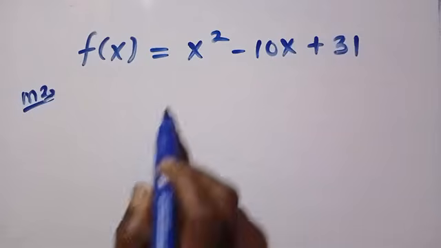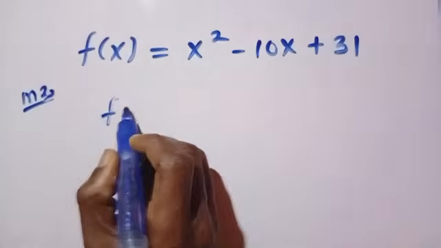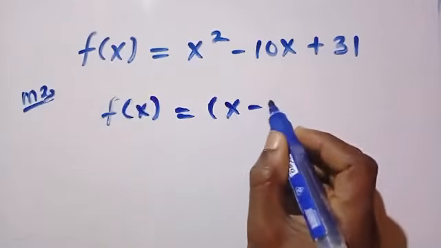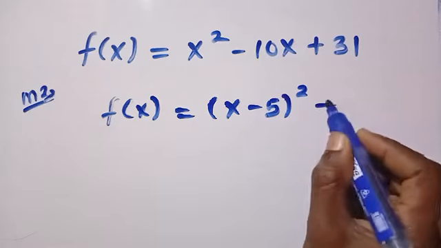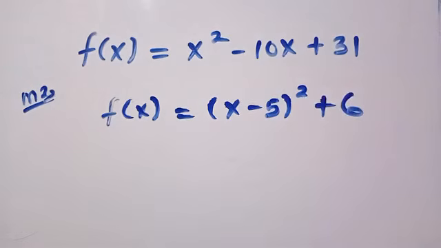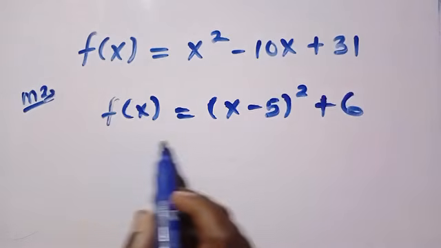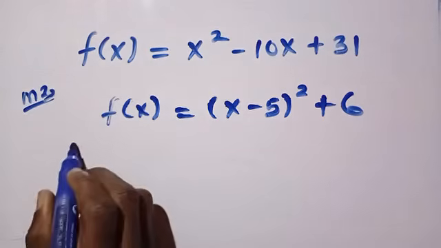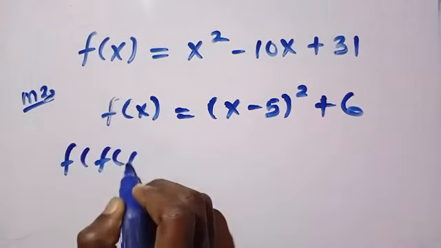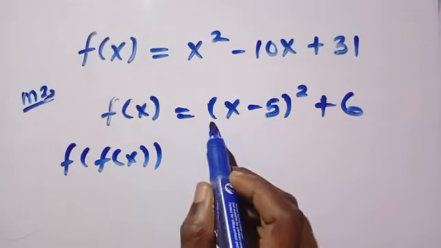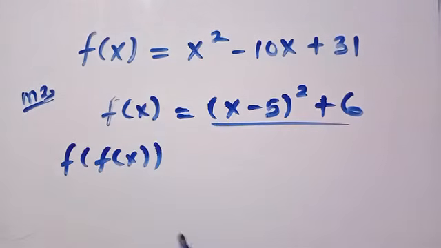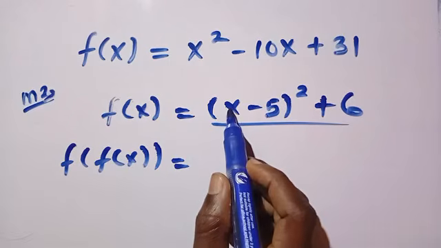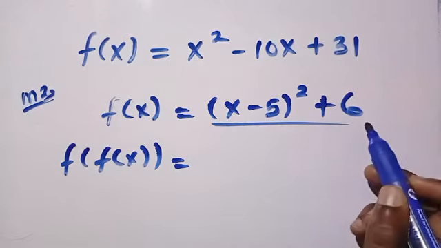So this method 3, if you start from here, we have f of x. So just like we replace it as x minus 5 squared plus 6. Then if you consider inserting this in other functions, let's say we have f of x. That is, everything here has become x. If you want to reintroduce it, everywhere we see x here, we replace it with the whole of this.